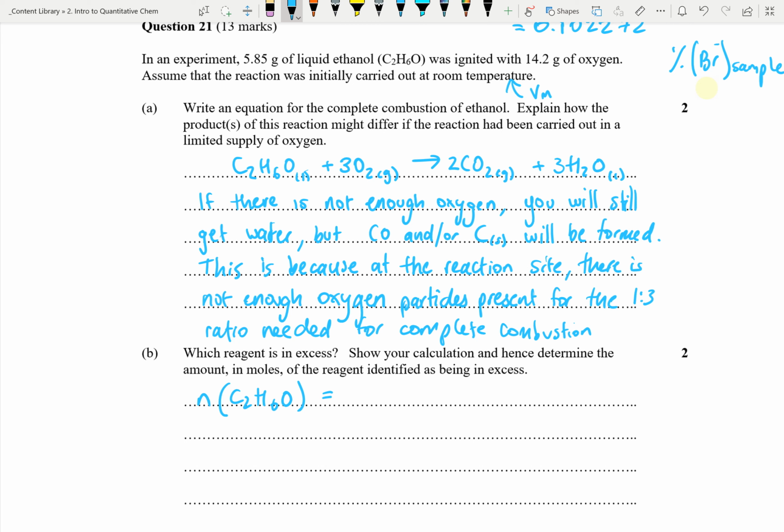C2H6O equals, what information I get, its mass, so it's mass on molar mass, 5.85 on, I'm going to draw that in the middle because I'm going to have a pretty long molar mass.